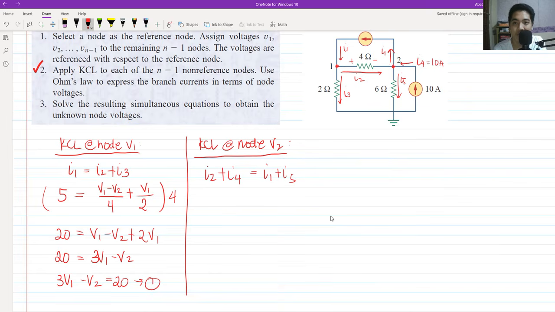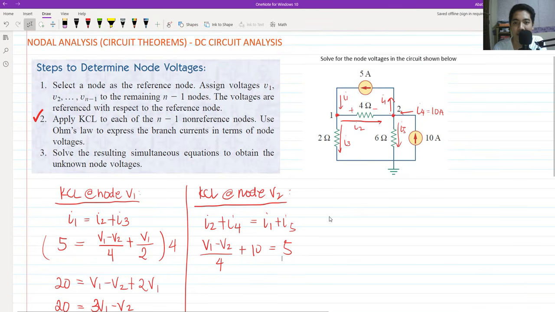For I sub 2, we already have the formula: V sub 1 minus V sub 2 all over 4. Then we have plus I sub 4, and our I sub 4 is 10 amperes. That equals I sub 1, which is 5 amperes, plus I5.